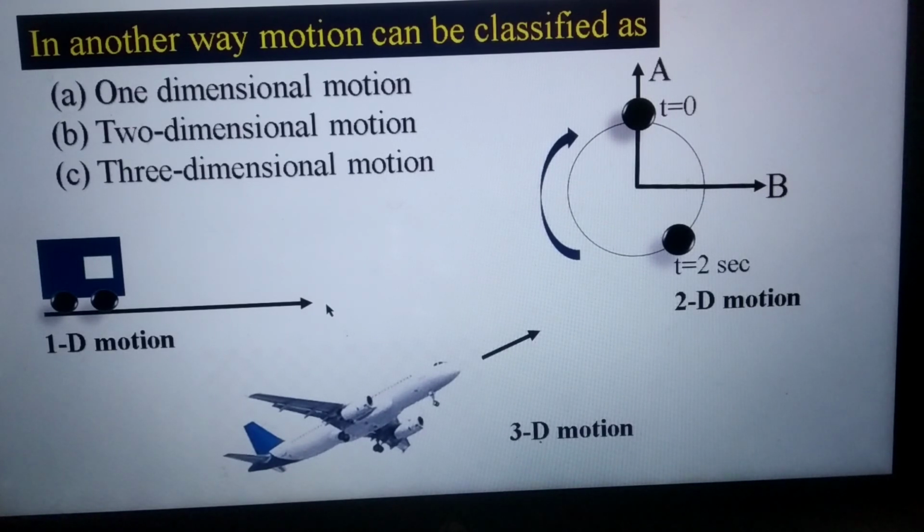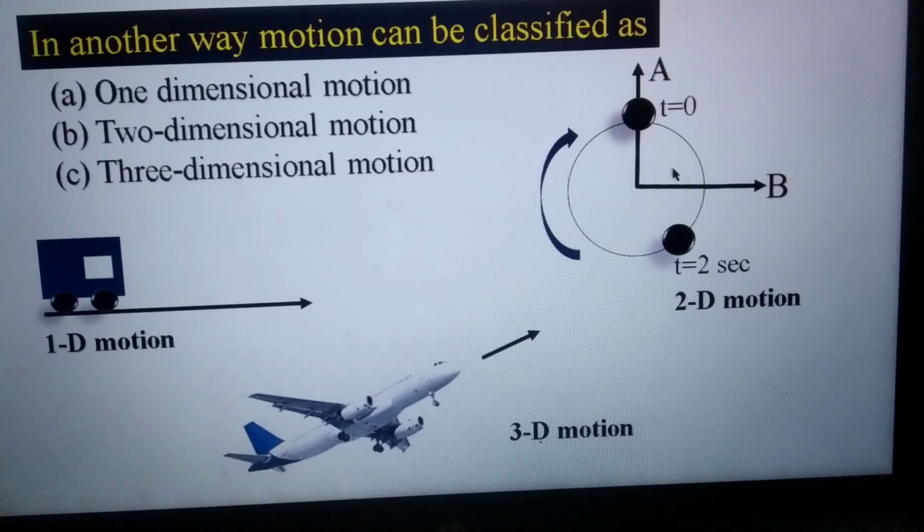Now two-dimensional motion. Projectile motion and circular motion are very good examples of two-dimensional motion. This is a circular motion of a ball, moving along the circumference of a circle. At t equal to 0, the ball is at position A, and at t equal to 2 seconds, the ball is here.